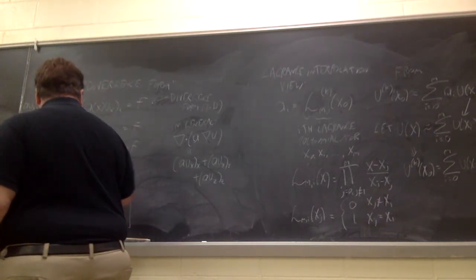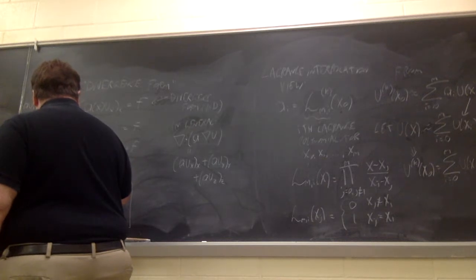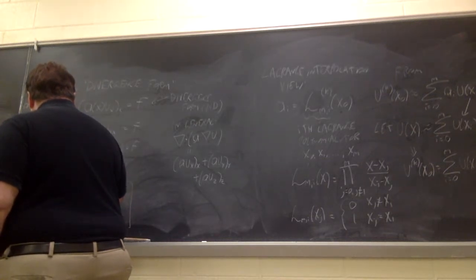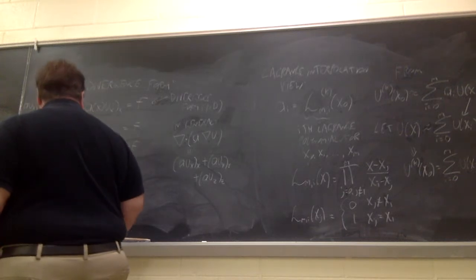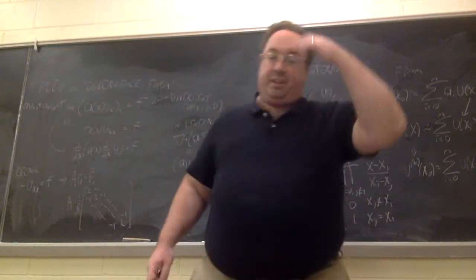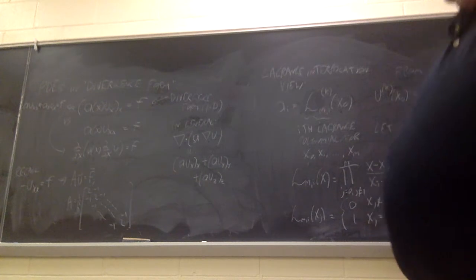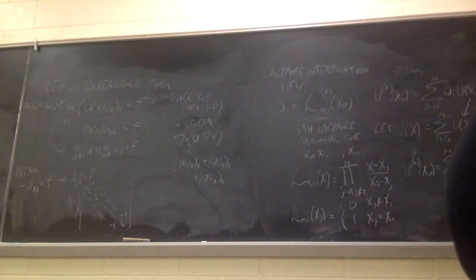is equal to 1 over H squared, and I had 2, 2, 2, minus 1 above, minus 1 below. These are in the case of Dirichlet boundary conditions. So I had that nice matrix to work with.